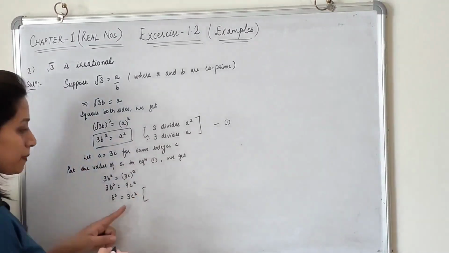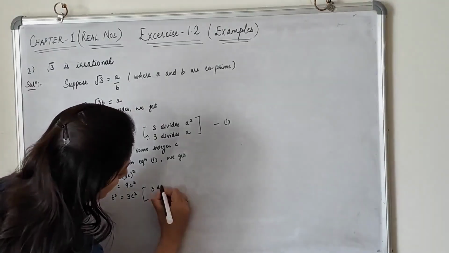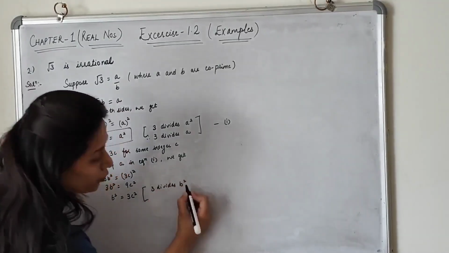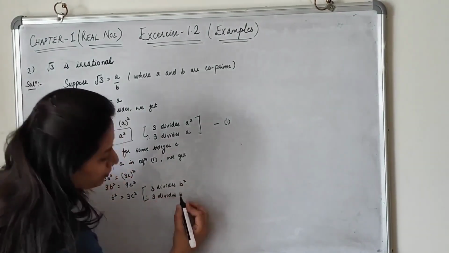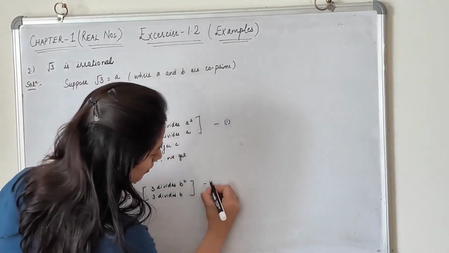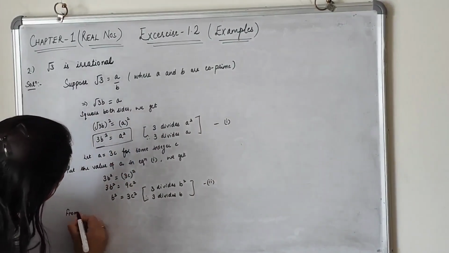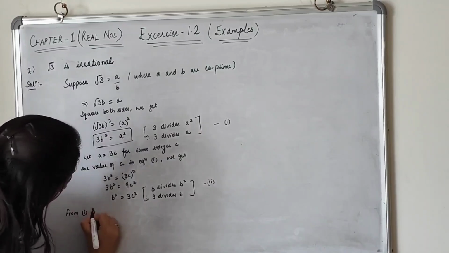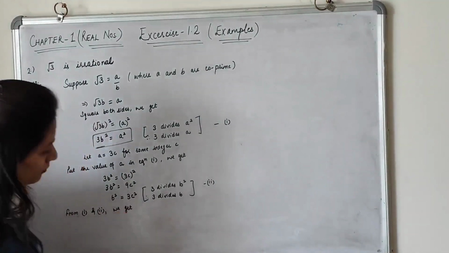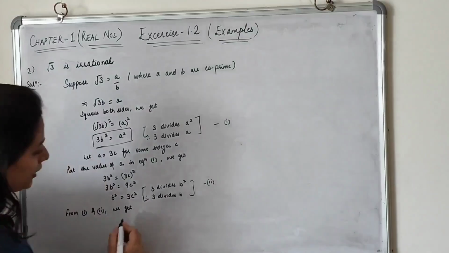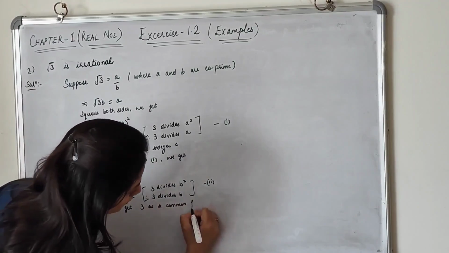Here what you observe? b square is divisible by 3. 3 divides b square, therefore 3 divides b also. Make it second equation. From 1 and 2, we get 3 as a common factor.